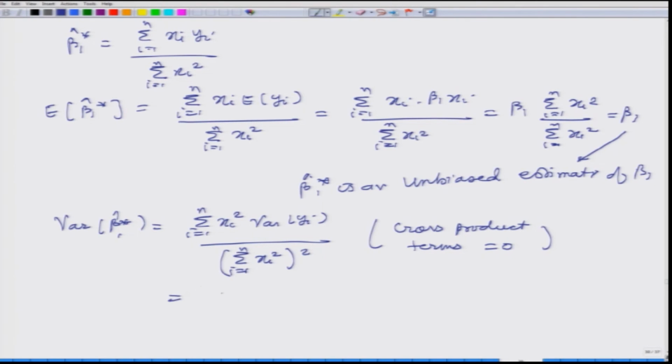So, once I substitute this, this comes out to be sigma square upon summation i from 1 to n of xi square. Right.